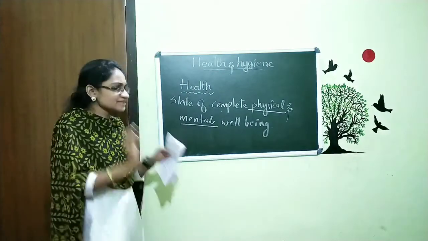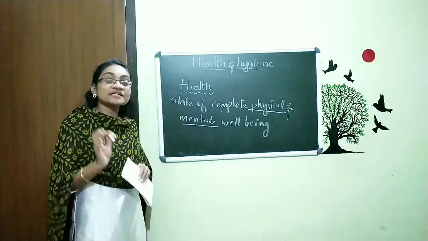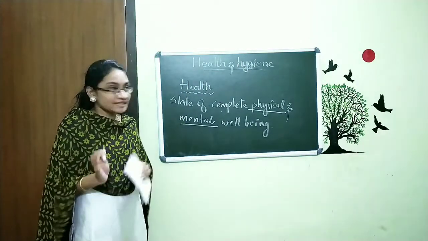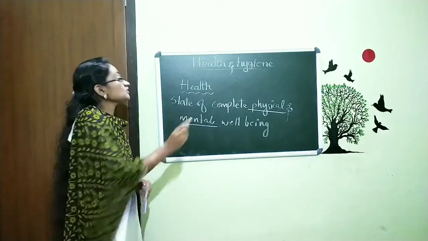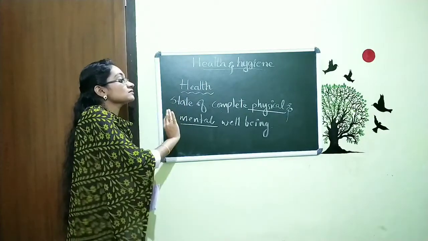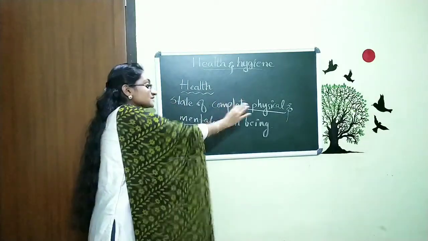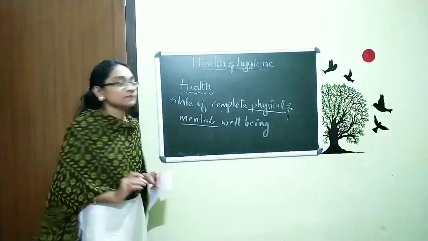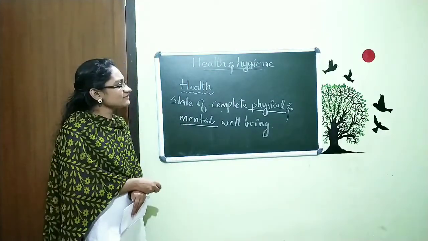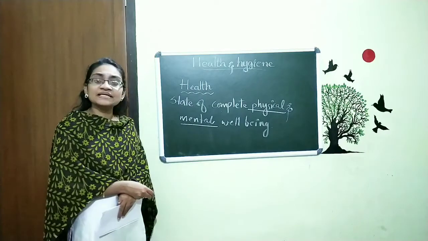That means when a person is physically fit, but is not mentally fit, then that person is actually not at all healthy. So for a person to be healthy, he has to be physically and mentally fit, or in physical and mental well-being. Now the question is, what do we mean by physically?